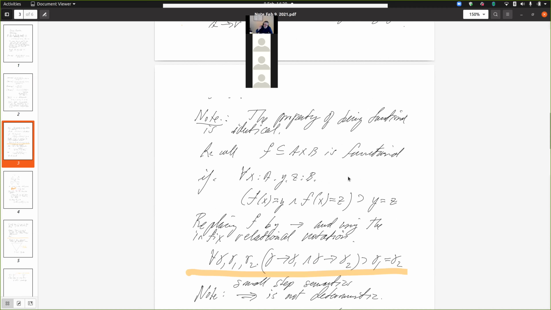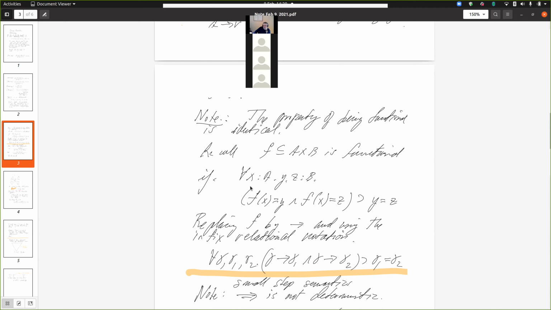But you might also think about this idea that, back when we were defining functions, we had this property. We said, okay, f is a function, or at least a partial function, if it's a subset of A cross B and it's functional.